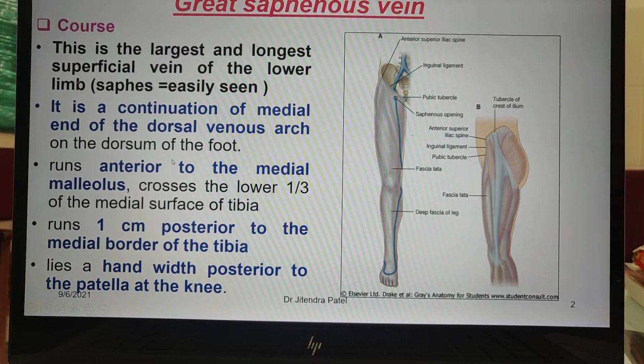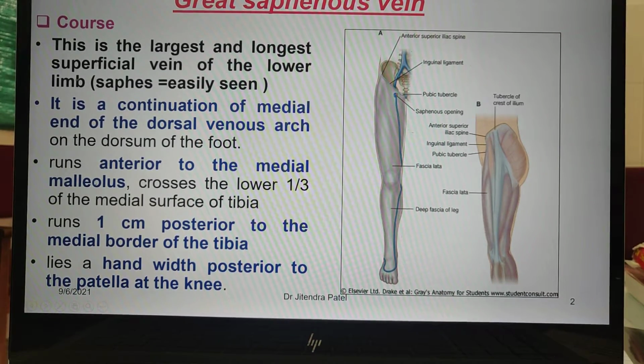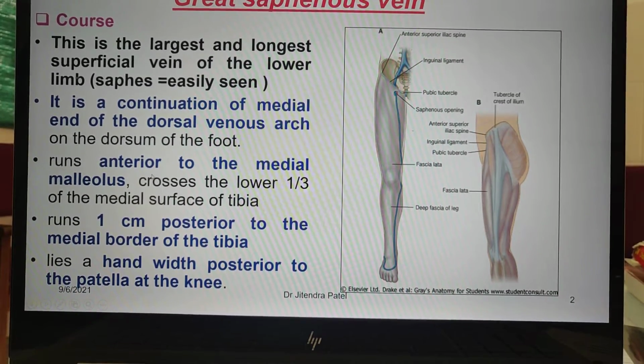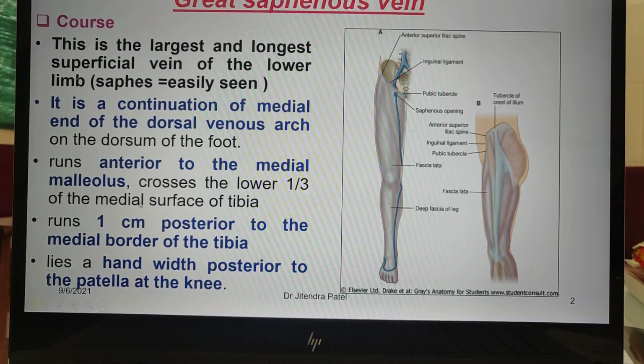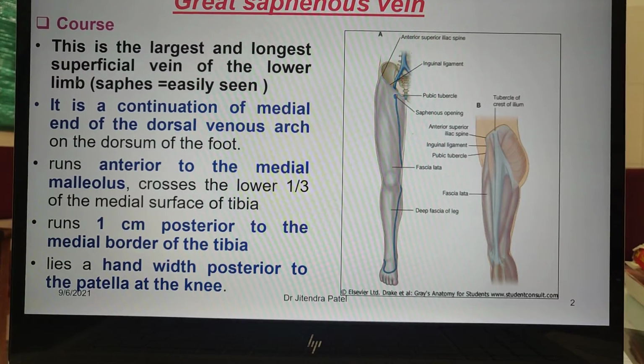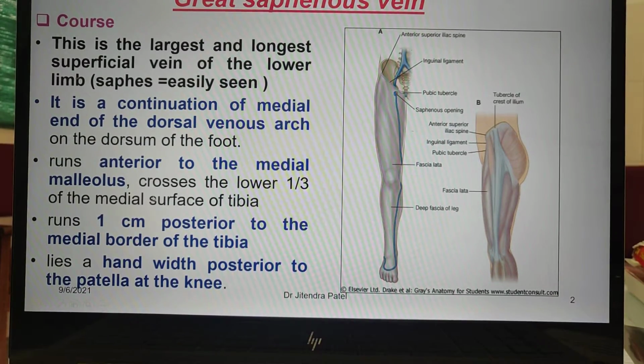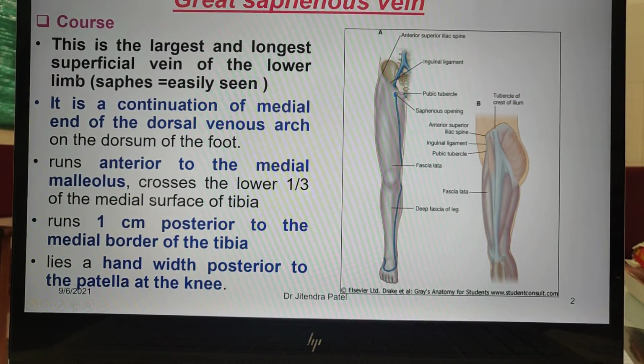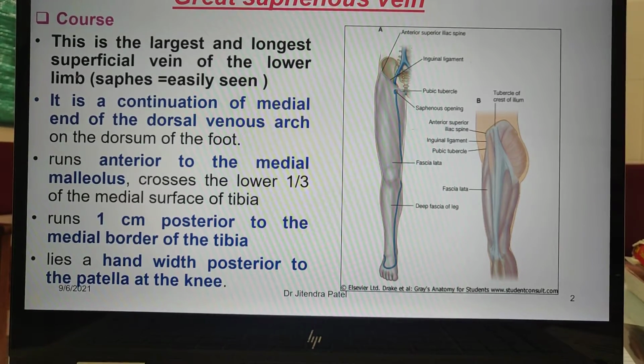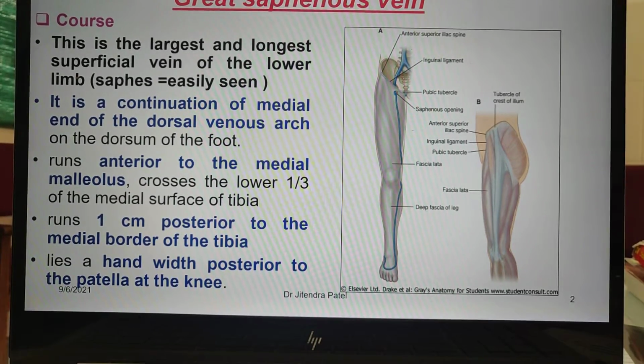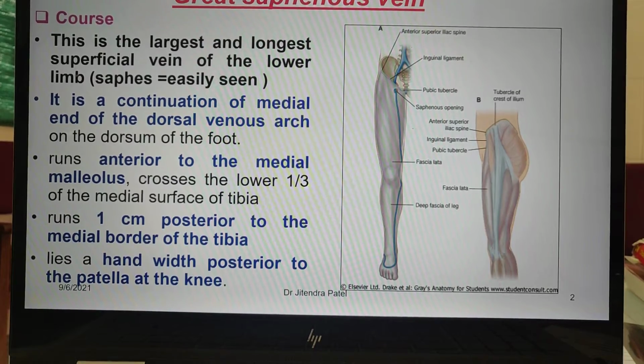It runs anterior to the medial malleolus and crosses the lower one-third of the medial surface of the tibia, runs 1 centimeter posterior to the medial border of the tibia, and lies a hand width, nearly 3 to 4 inches, posterior to the patella at the knee joint.